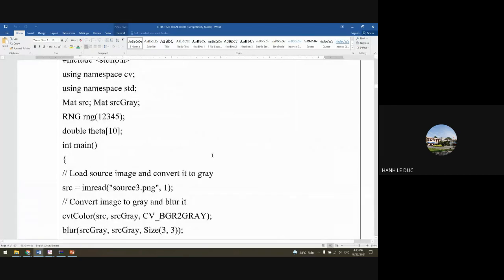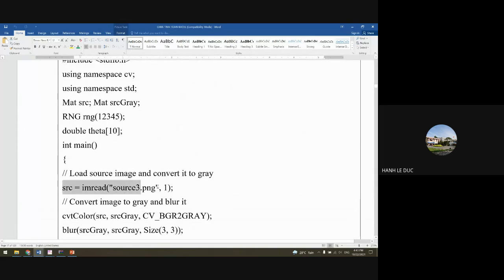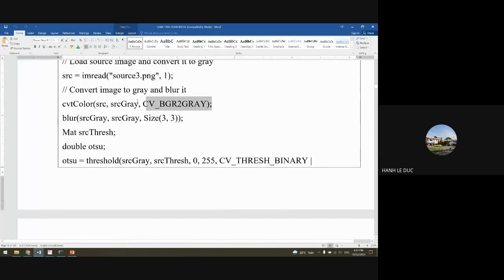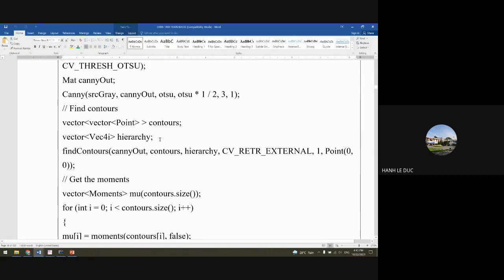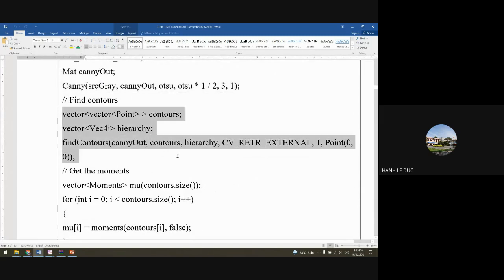First, you load the image, change it to grayscale, and then this is optional. And then you do the threshold. And then you do Canny. And then this is the procedure to find the contour using the find contour function. And after this step, you have the contour parameter here.